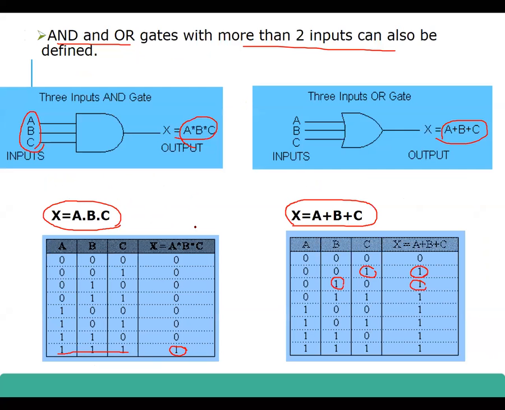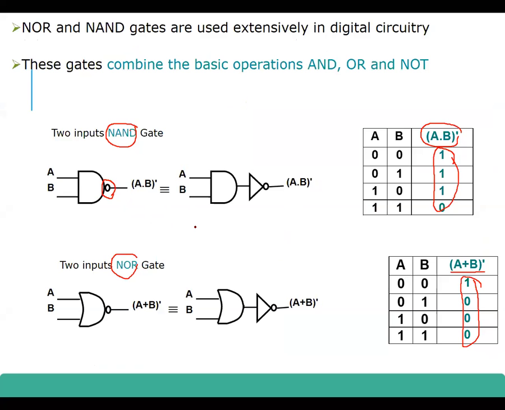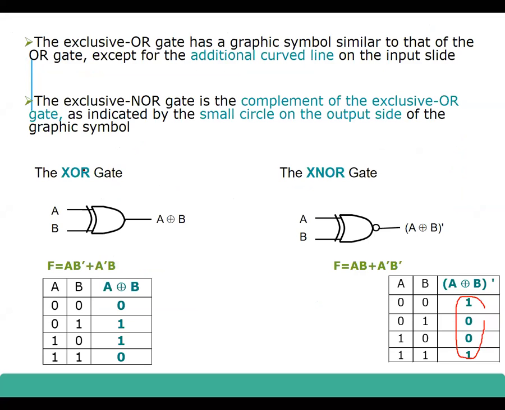So that's something else, out of the scope of our discussion here. So this NAND is NOT AND, and NOR is NOT OR. These are the corresponding truth tables available on this side.